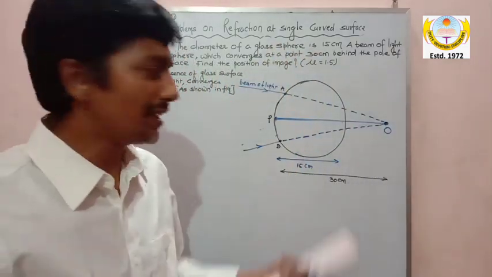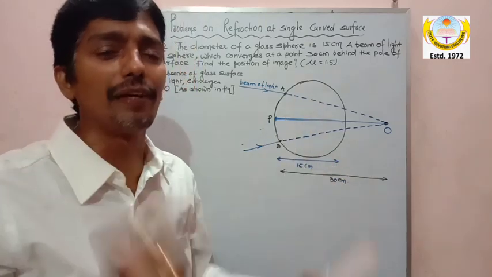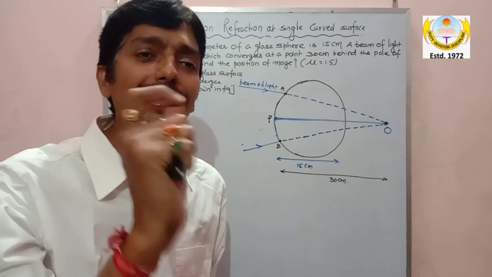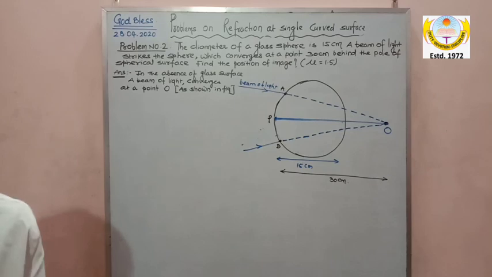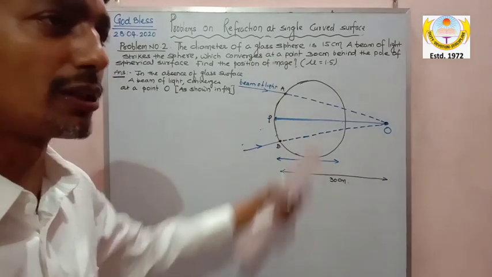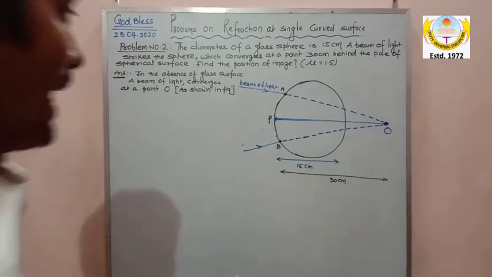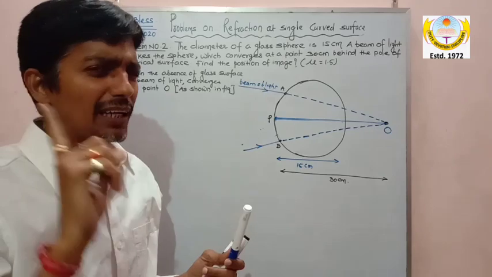See, one more thing, sir: there is the word converging, which means it behaves like a convex surface. There is a converging word, it behaves like a convex surface because convex is converging. So take care, sometimes the question itself also gives an idea about what I am supposed to do. So my dear, I said there is a word converging which helps us to understand that this is a convex surface.